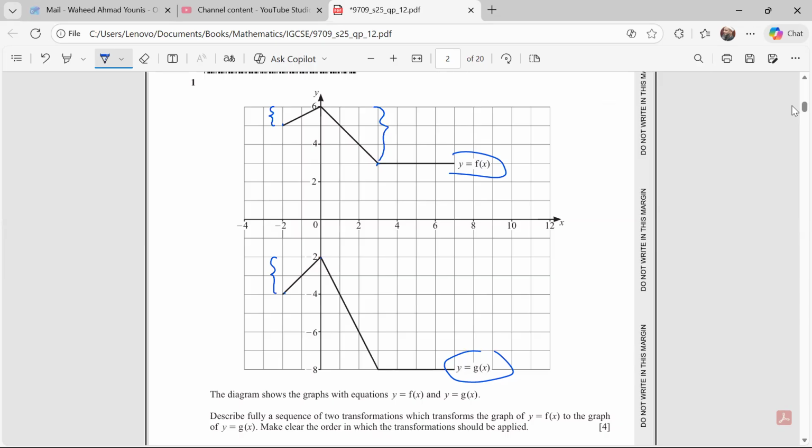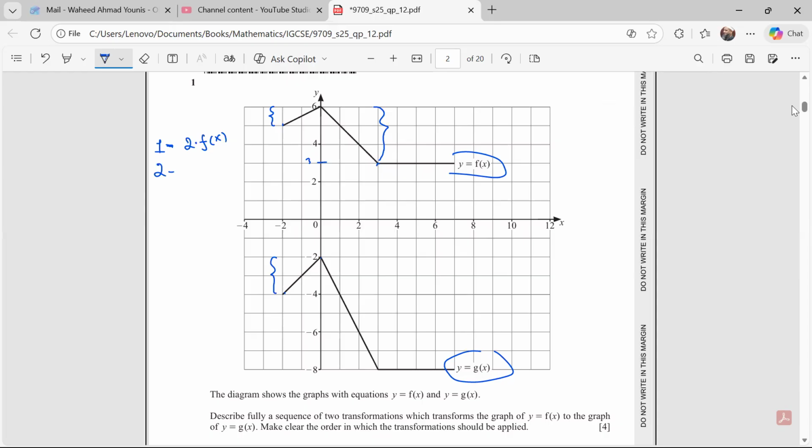Okay. So the first transformation is that f(x) is multiplied by 2. And the second transformation is that when we multiply this graph by 2, this 3 will go to 6. But we want to bring it down to -8. So that means we have to subtract 14 from it, right?